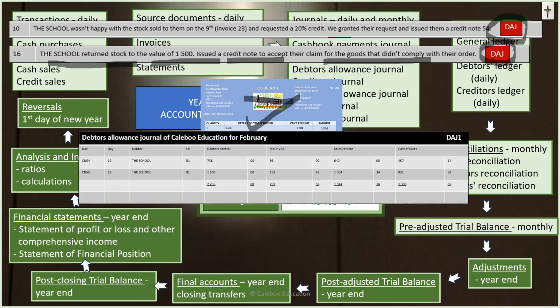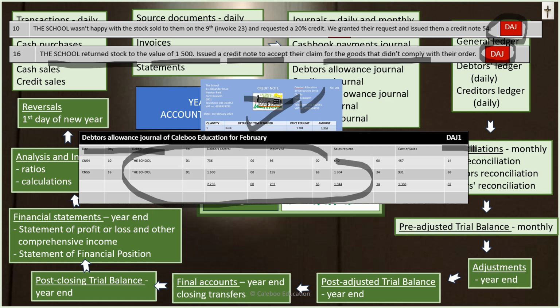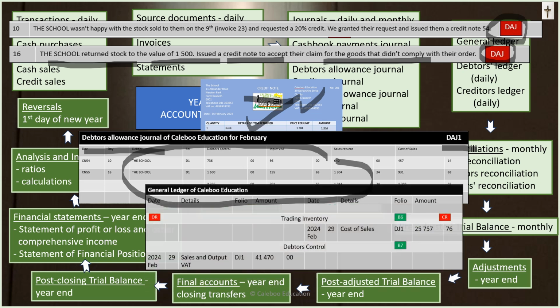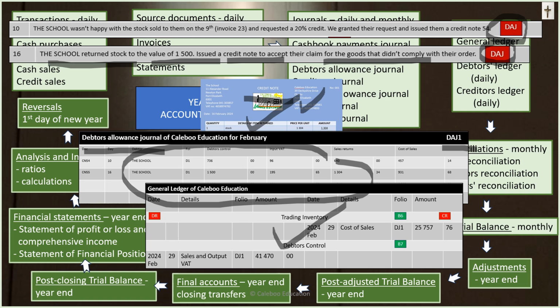And then that information is taken from the document, the credit note duplicate, and it's recorded in the Debtors Allowance Journal. DAJ stands for Debtors Allowance Journal. And then part of the cycle, that information is taken from the journal and posted to the accounts in the general ledger. So that's what we're going to be doing today.